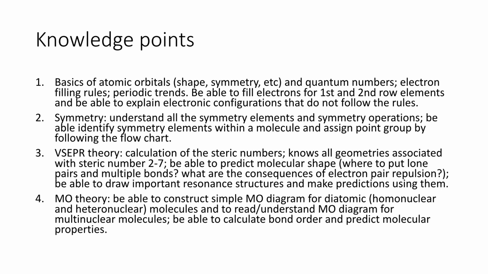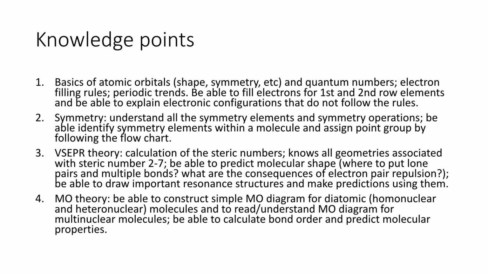In the second part, we discussed symmetry. Here, my expectation is that you understand all the symmetry elements and their associated symmetry operations. You should definitely remember the signs associated with those elements and operations. Now, keep in mind, certain symmetry elements can generate multiple symmetry operations.